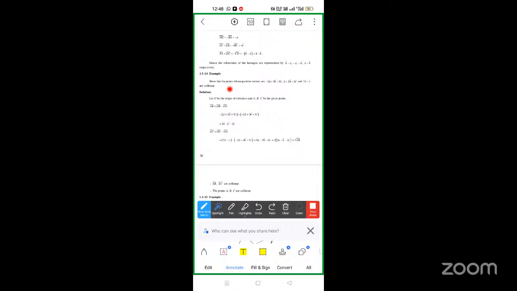We get the AB vector. Also AC = OC − OA, which equals 3 times AB, so here 3 is common. We get the AB vector. Therefore AC = 3AB. So by using the collinear definition, we can say that the two vectors AB and AC are collinear to each other.